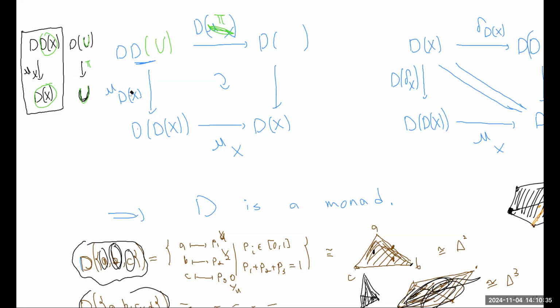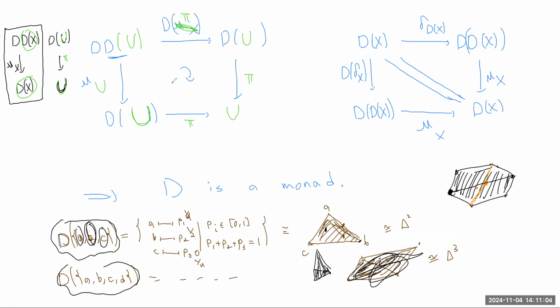Let me replace all of them: pi, u, and this will also be u, and this u. And this one will stay mu, mu of u. This one will be this, and we will get this property.